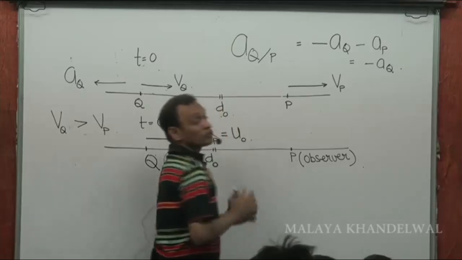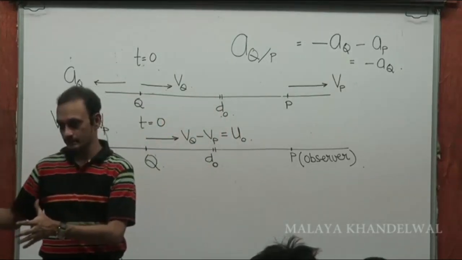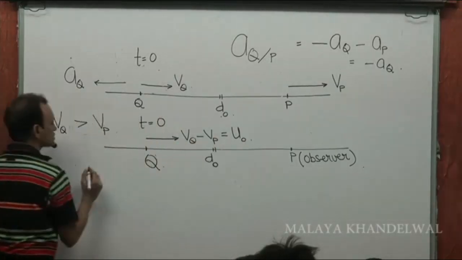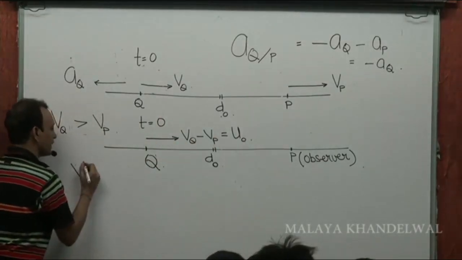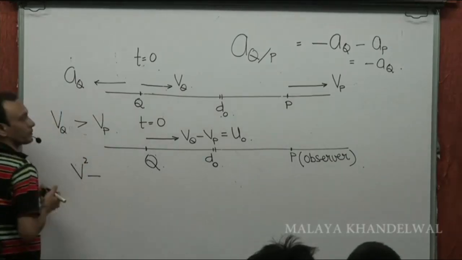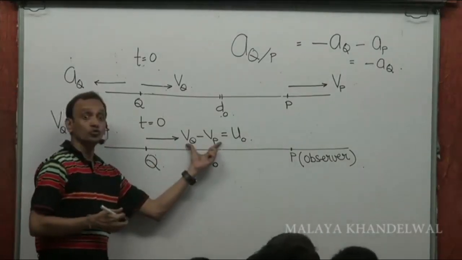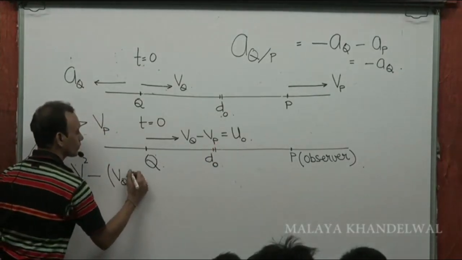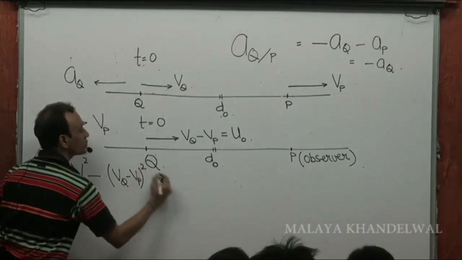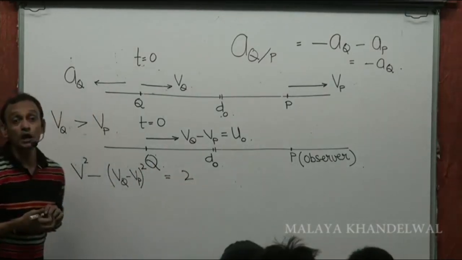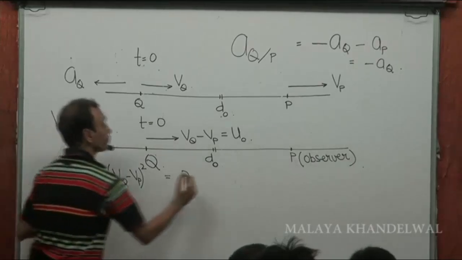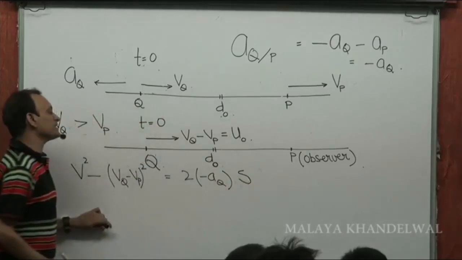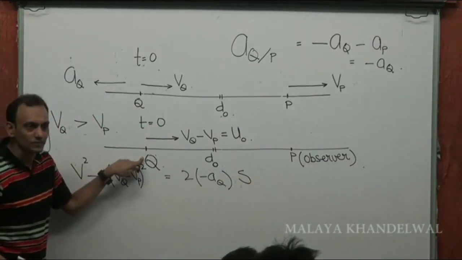Can I not apply this? V squared minus U squared is 2AS. Right? For Q, velocity at some instant of time is given by V squared minus U squared. What is U? VQ minus VP. V squared minus U squared is 2 times acceleration, minus AQ, into the displacement S from this position.